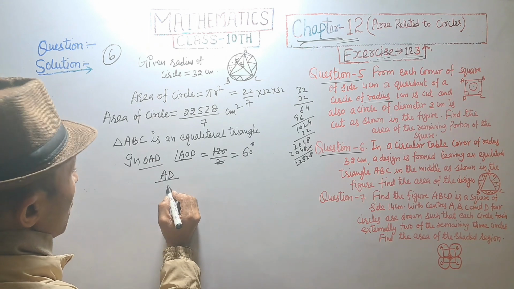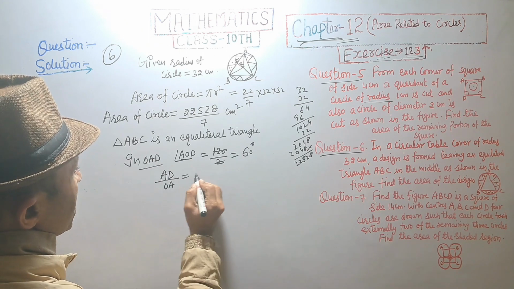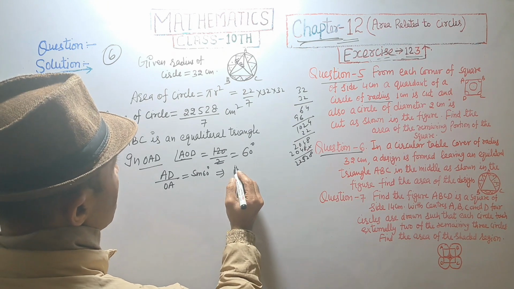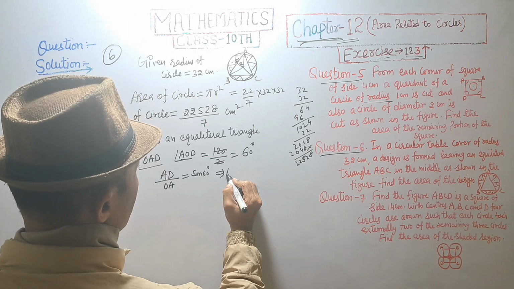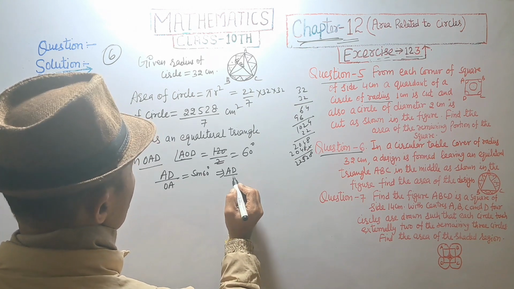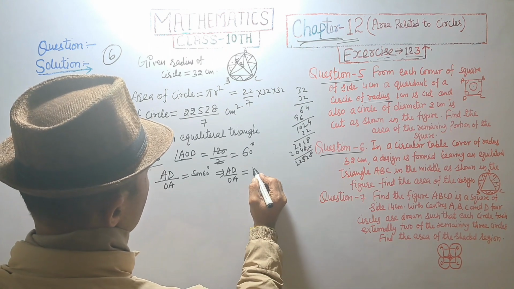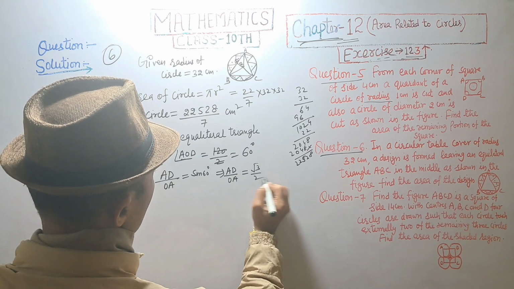AD upon OA is equal to sine 60 degree. This implies AD upon OA is equal to sine 60, root 3 upon 2.